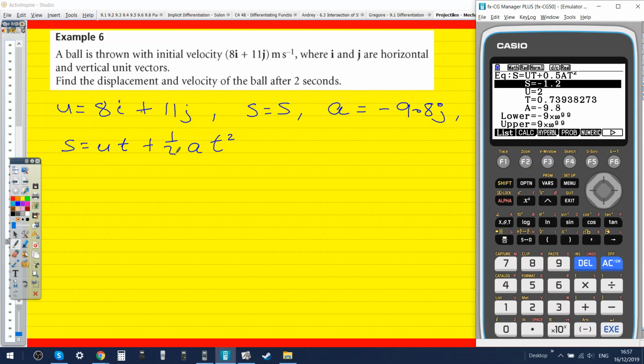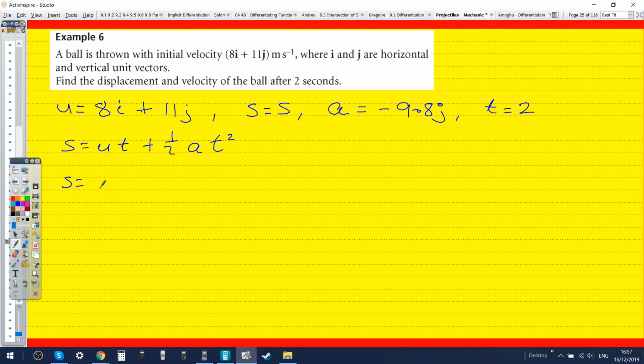So I've got 16i plus 2.4j. Let's see. And that would be meters. So that's it in vector form. What if they wanted the absolute amount in normal form?